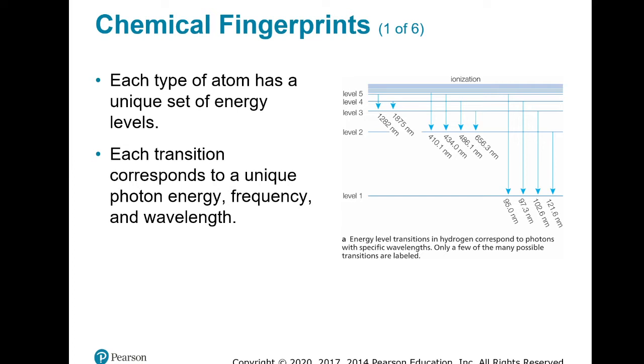The nucleus contains positive protons and neutral neutrons, and surrounding them, in the part that makes up the majority of the diameter of the atom, is what is called an electron cloud. The electrons in the atom can have certain energies, and only certain energies.